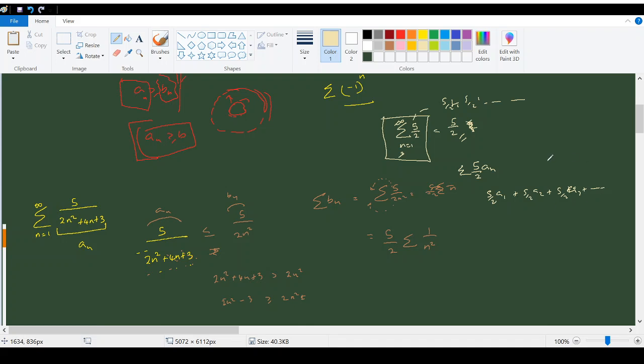So these terms added together will give you the same idea as the sequence an added together and multiplied with 5 over 2, right? So don't get these things mixed up, right? Okay, so that's something not related to the comparison test.